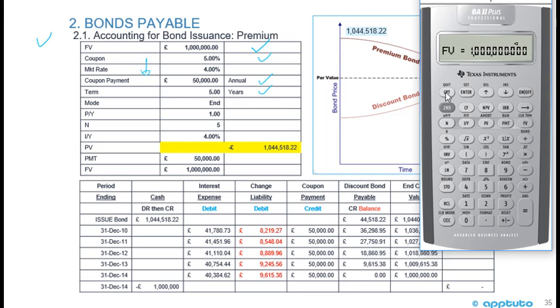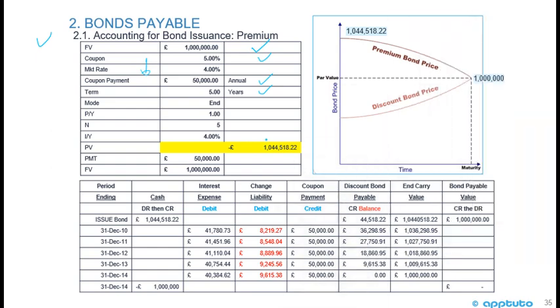So when we calculate our price of our bond, the cash that we received, we can see that it's $1,044,518.22. Okay? So in that case, that's the cash that we're going to receive, which we know is more than the face value or the future value. So in this case, we're receiving more cash. You can see that we're going to be pulled down to par as we amortize the bond.